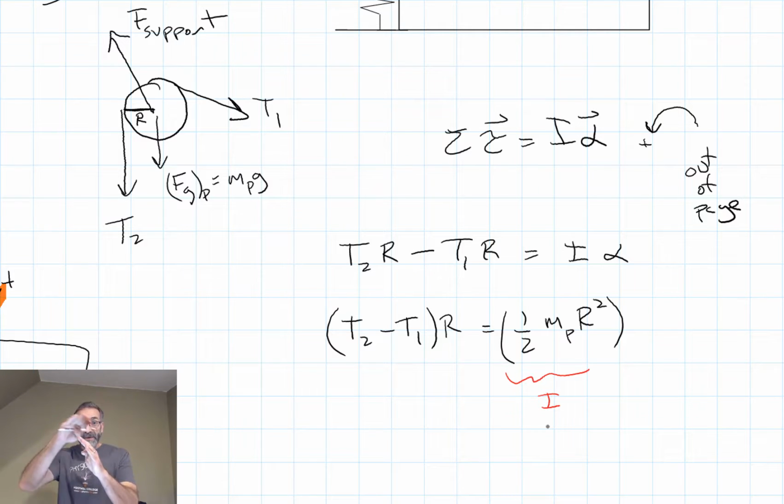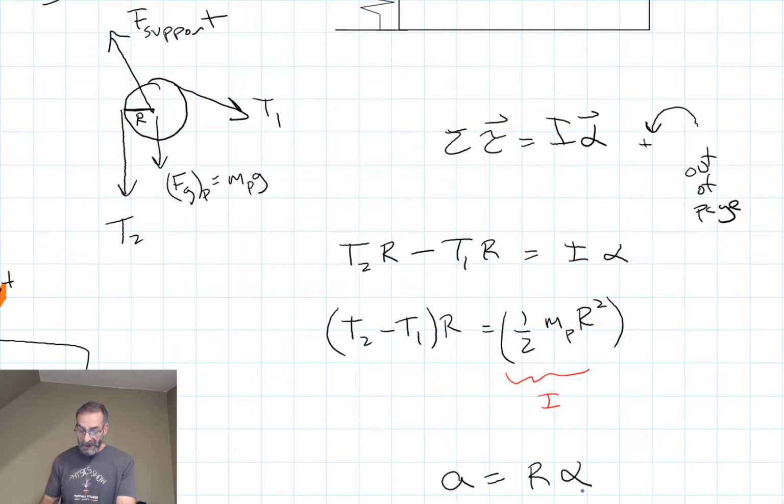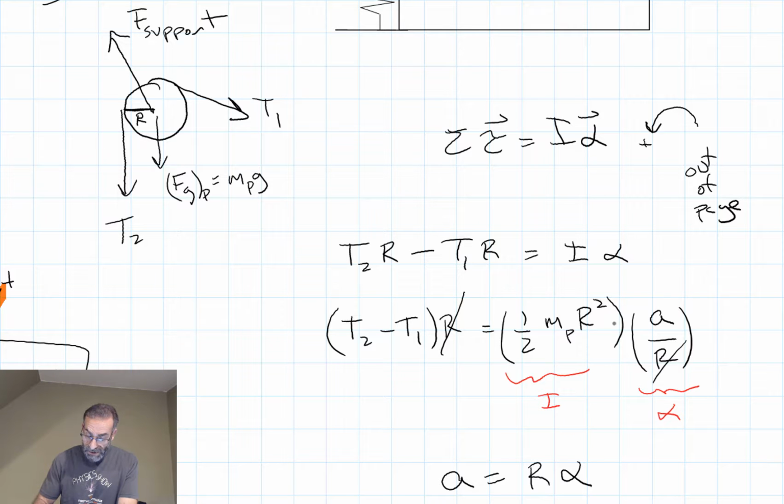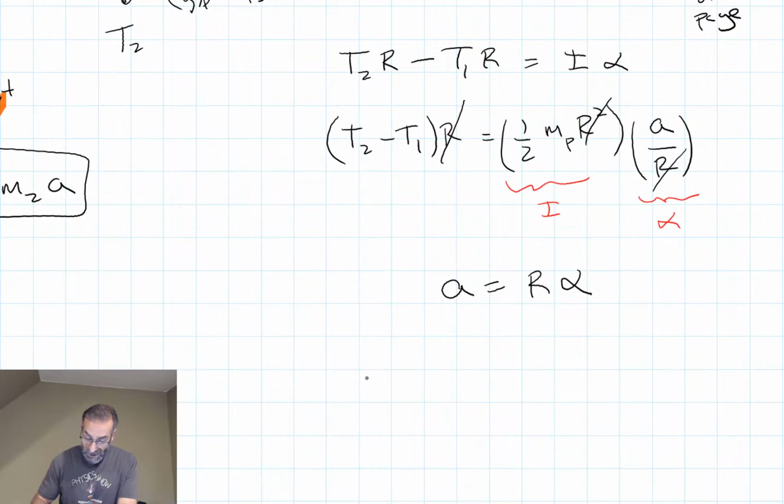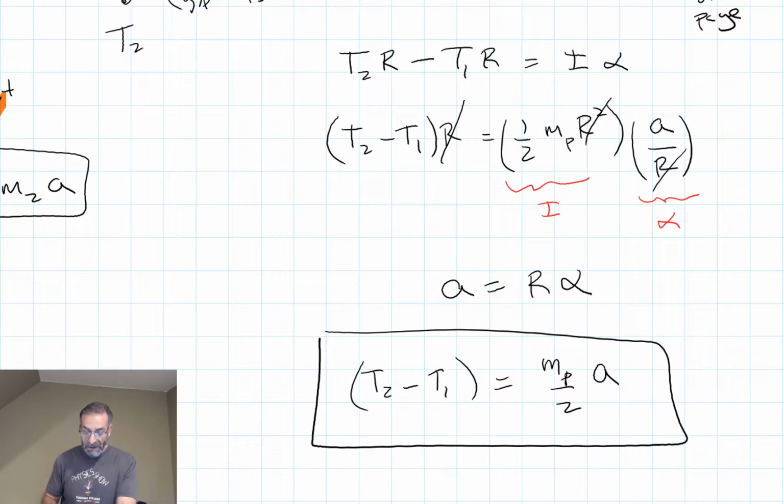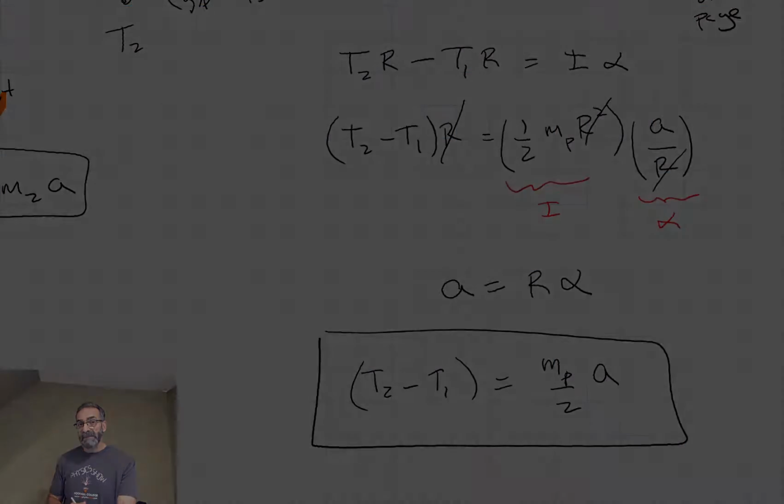And the string goes over the rim of the pulley. So what's the tangential acceleration at the rim of the pulley? It's R alpha. So I can substitute in here A over R for alpha. When I do that, the R's all cancel out, and I get T2 minus T1 is M pulley over 2 times A, and that's my third equation. and I'm finished with this problem.